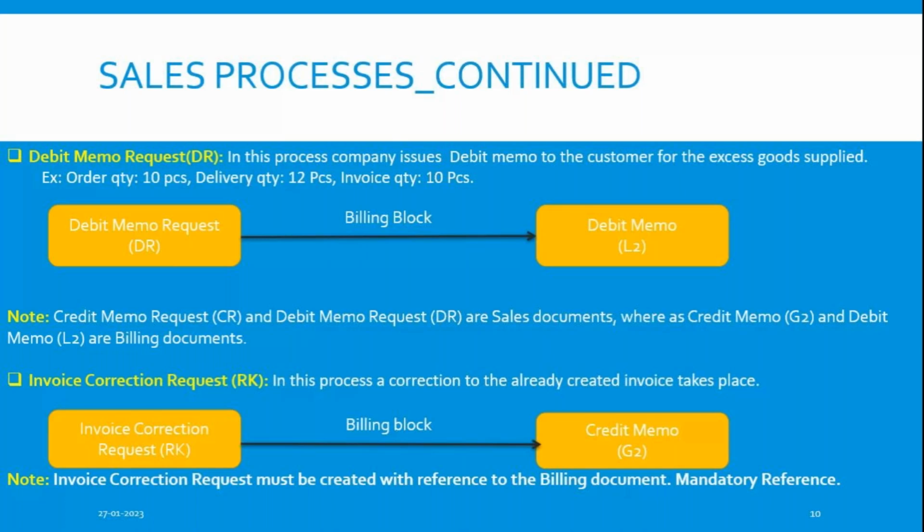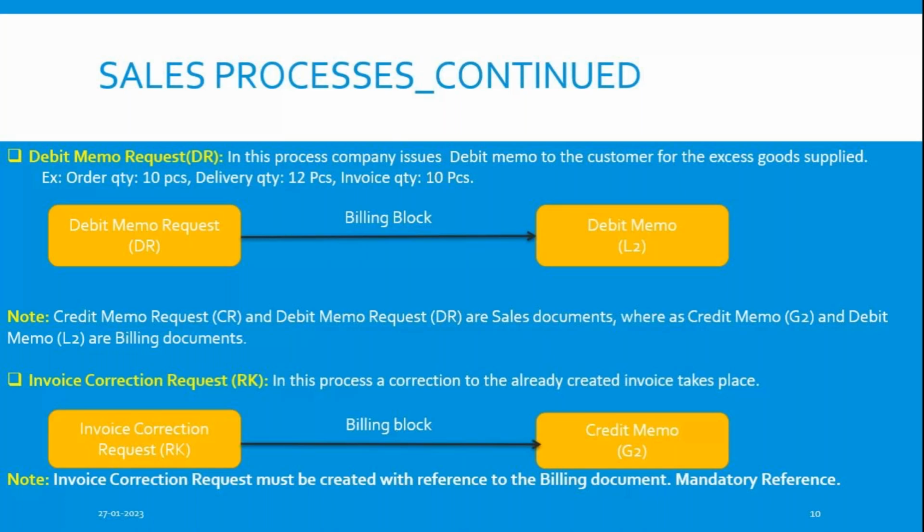Very, very important process. Most of the times we go for this. See, it depends on the business. As I told you, as a consultant, you are learning all processes. But for your client, whatever is needed, as per their BRD, business requirement document, during an implementation project or during a rollout project, they give you the complete business requirements.